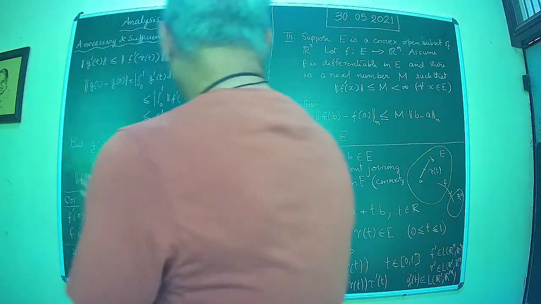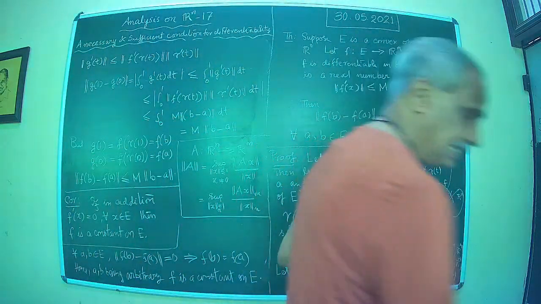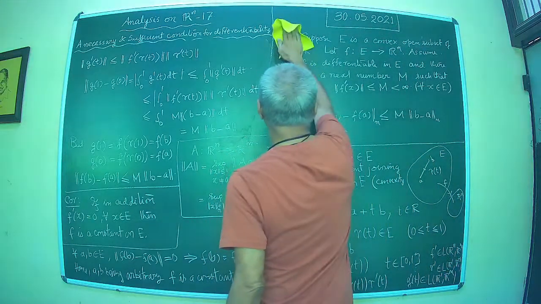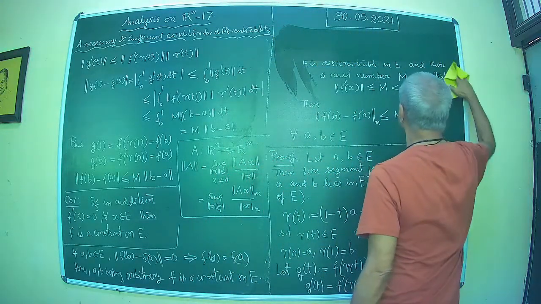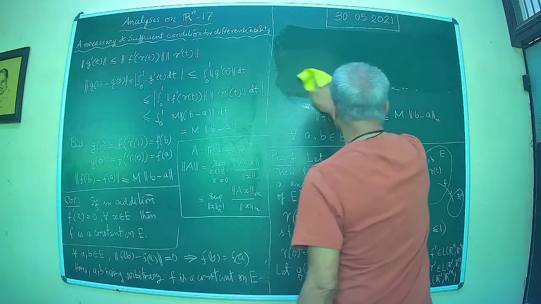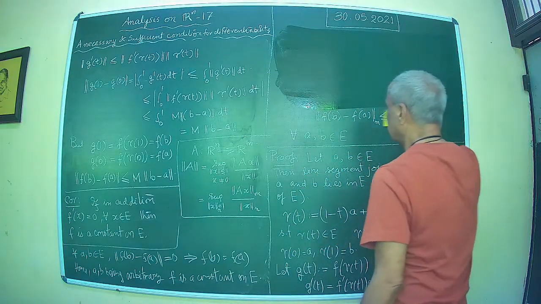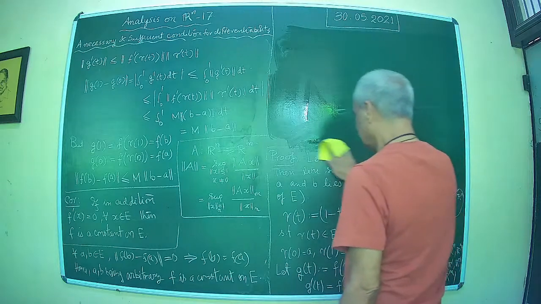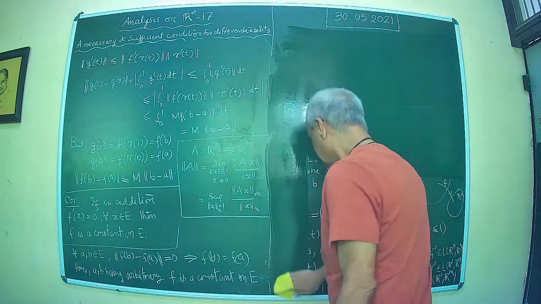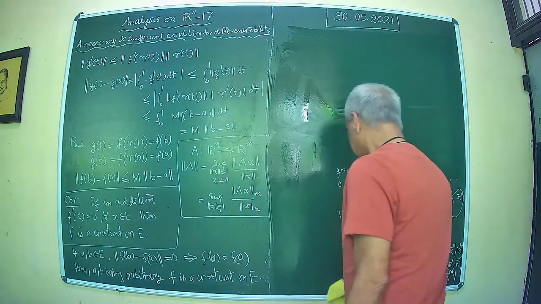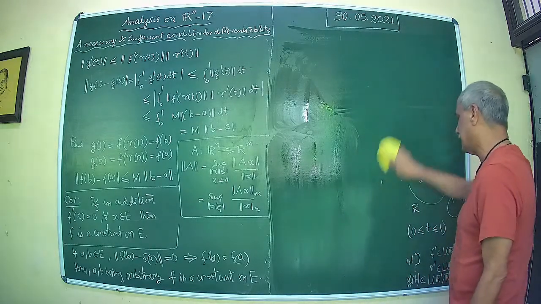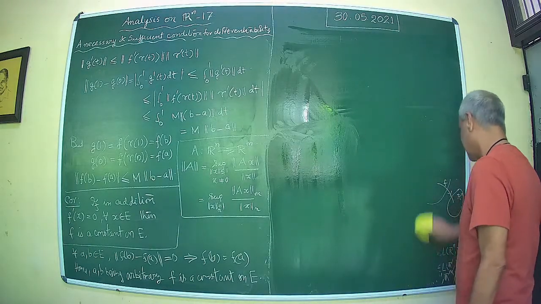Now what we want to look at is the smoothness of the derivative. You know that suppose f is differentiable, then what we have seen is that the partial derivatives exist.